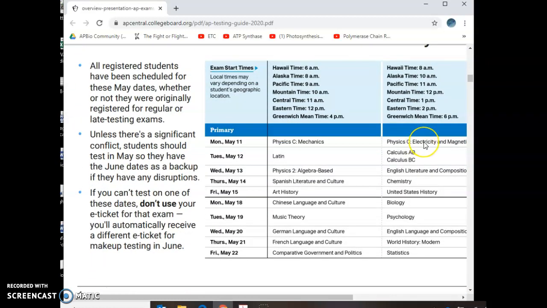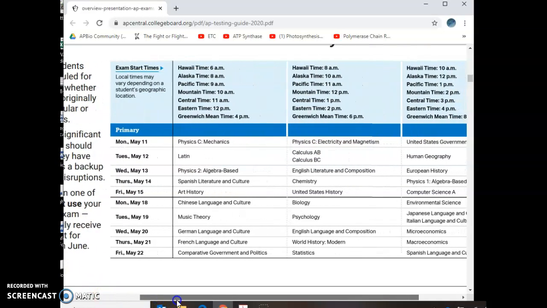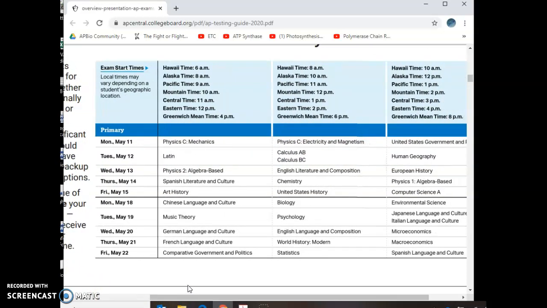Again, if something crazy happens on Monday, May 18th, and you have some sort of emergency, or all of your power goes out or your internet goes out, whatever you do, do not use your e-ticket. If some situation happens and you are not able to test on that day, do not use it. This is how they're going to know that you need to do the June testing.